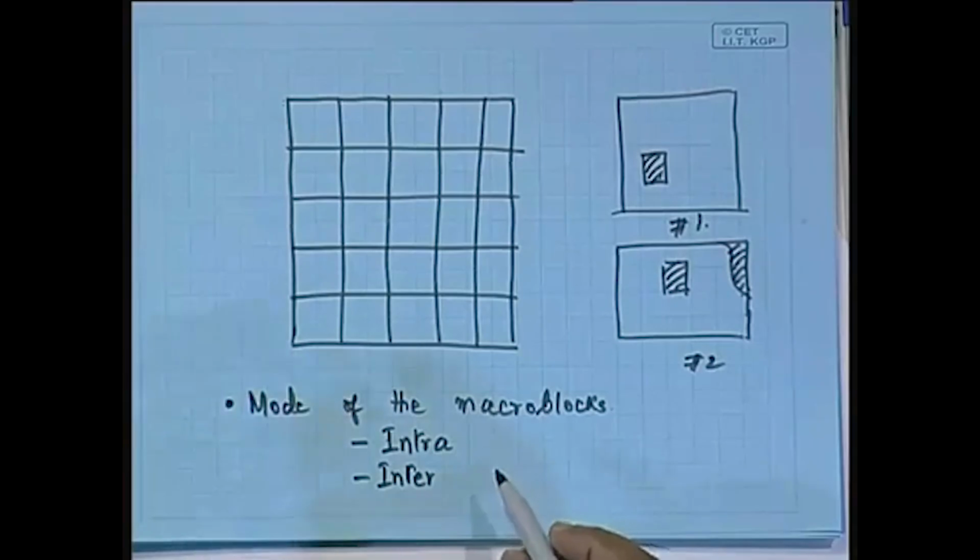It is not essential that whenever we are encoding a particular frame as a P frame or B frame, all the macro blocks pertaining to that picture have to be inter coded. Never think like that. The frame can be a B frame or a P frame, but some of the macro blocks could be intra coded, and the majority of the blocks may remain inter coded macro blocks.